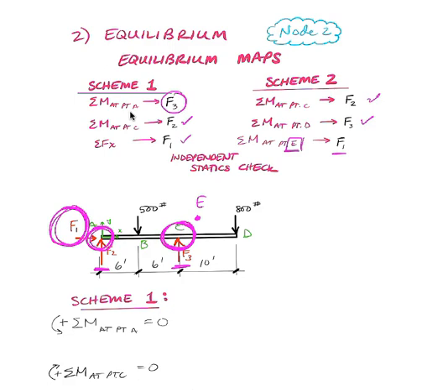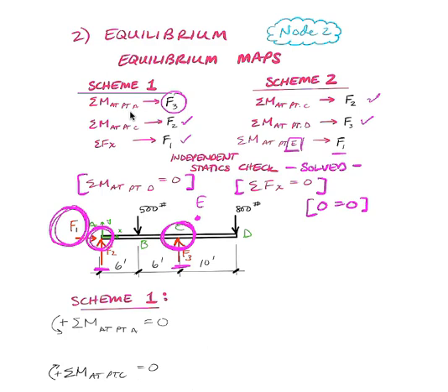And then we will perform an independent statics check, which is taking the solved free body diagram and performing another equation of equilibrium. And that equation of equilibrium, if our beam is in equilibrium, we'll end up with 0 equals 0.